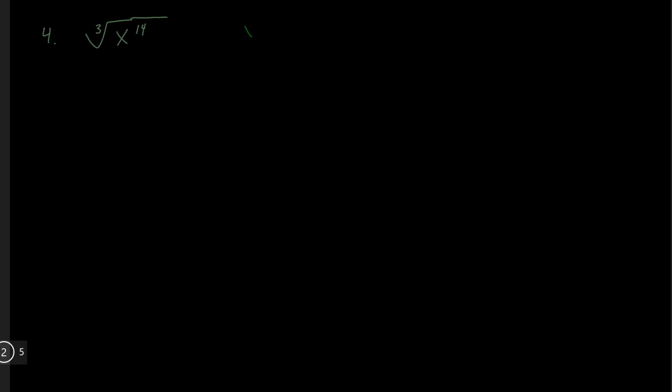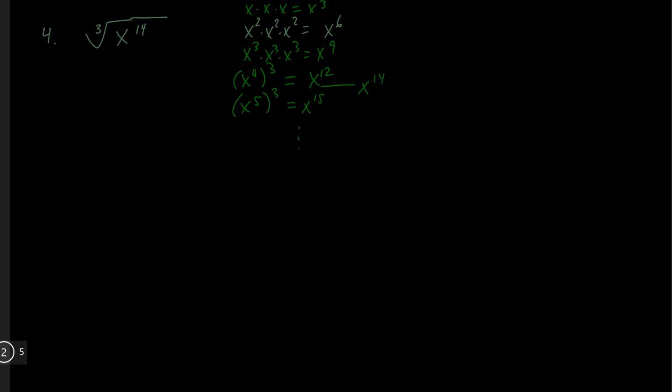We know that x squared times x squared times x squared, or x squared cubed, is x to the 6th. And x times x times x is x to the 3rd. X to the 3rd times x to the 3rd times x to the 3rd is x to the 9th. X to the 4th times x to the 4th times x to the 4th, or x to the 4th cubed, is x to the 12th. X to the 5th cubed is x to the 15th, and so on. Again, we can see x to the 14th in between these.